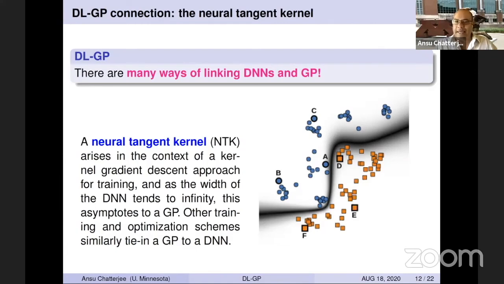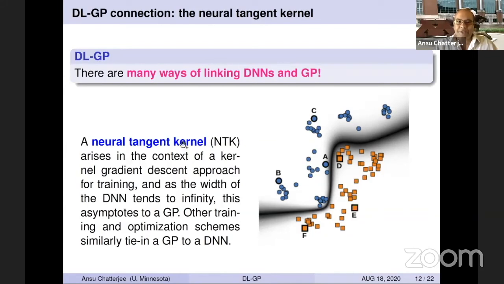You could do a slightly different variant of gradient descent called a kernel gradient descent. This leverages how the network has been built. And that gives rise to something known as a neural tangent kernel. This neural tangent kernel seems to stabilize if the width of your deep neural network tends to infinity.